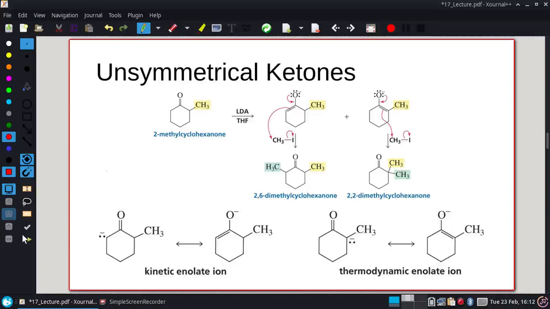It turns out that the enolate here, this first one, having that negative out here all by itself, it is going to be stabilized back and forth, but this is easier to form because getting that big huge LDA into this side that just had two hydrogens is much easier. So we have something we're going to call the kinetic product. Over here, thermodynamic, we're making a more stable enolate because the double bond is between two things that are substituted. So this thermodynamic product is actually just a little bit more stabilized simply because of that.